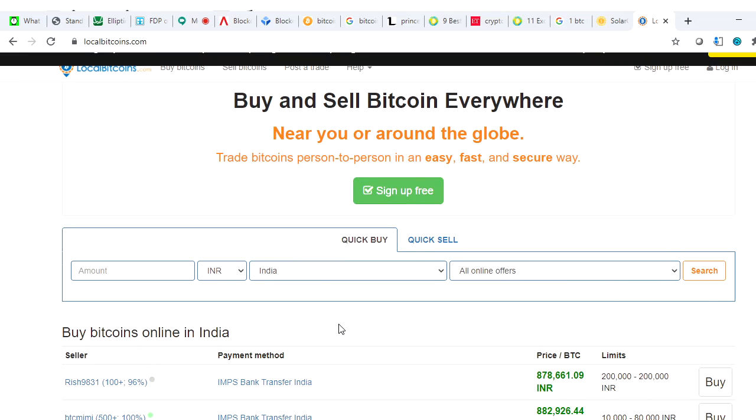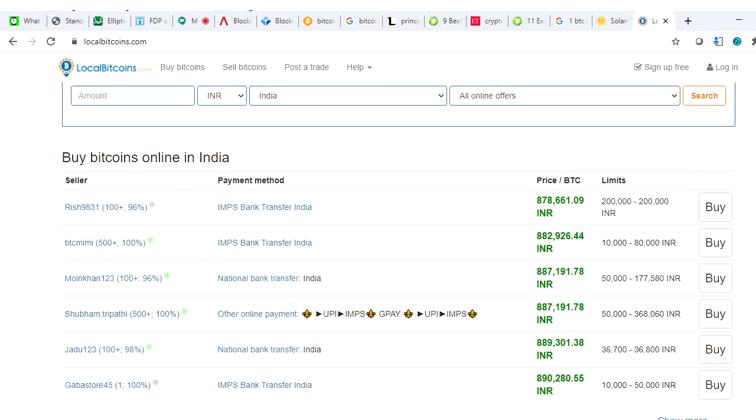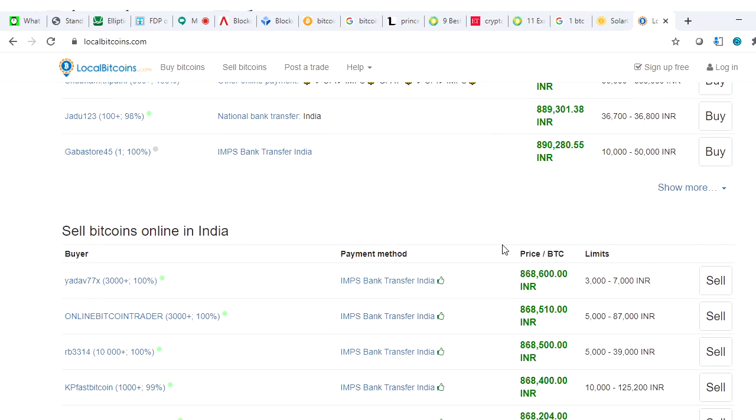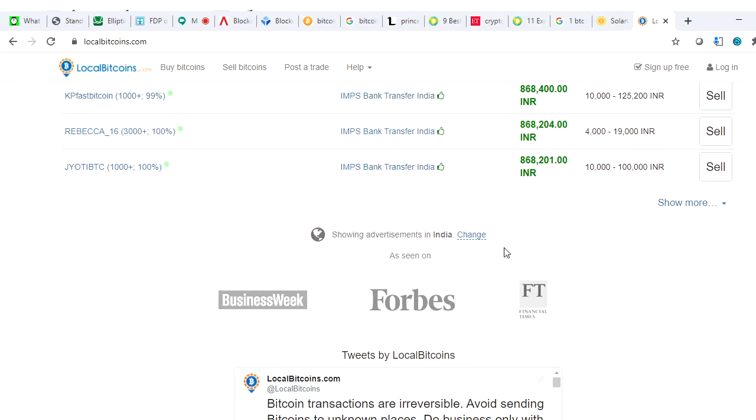For quick buy, if anyone wants to purchase some Bitcoins, there is a range, such as a 2 lakh limit or a 10,000 to 80,000 INR limit. There are options like IMPS bank transfer in India, and sellers of Bitcoin. If you want to sell, there is a maximum you can sell, so some limitations are there. You can go through this in your free time.